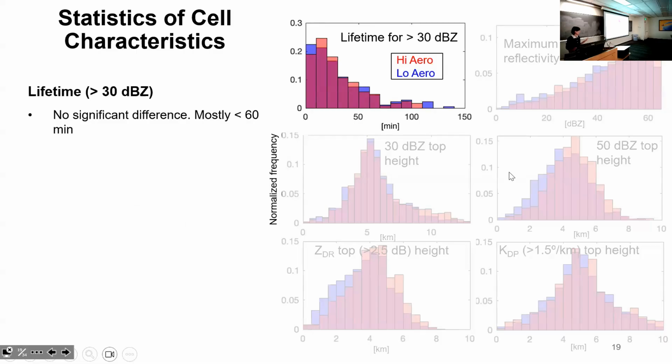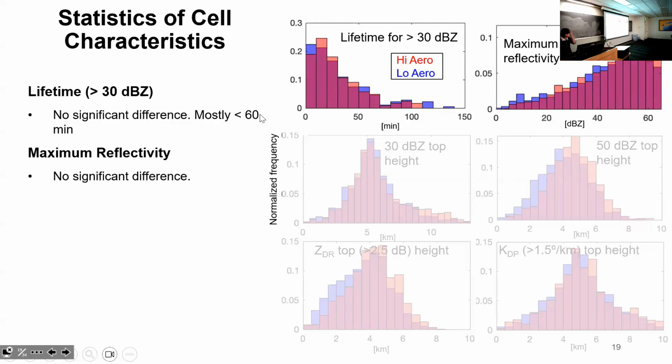Here I say lifetime, but I focused on the strong reflectivity region time only, 30 dBZ, which is intense precipitation already, not cloud lifetime. So when looking at lifetime for 30 dBZ, there is no significant difference. Most convective cells last less than 60 minutes.